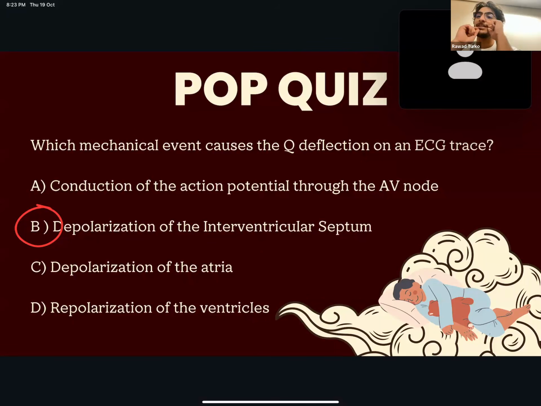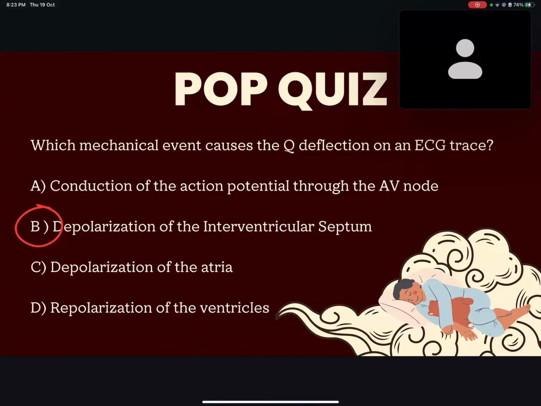Which segment is it on an ECG? Is it the T wave, the PR segment, the Q deflection, the R wave, the S wave? PR segment. Yes, PR segment. That's the conduction of the action potential through the AV node, because it's a slow conductor of the electrical activity. It's the PR segment. What about C, depolarization of the atria?